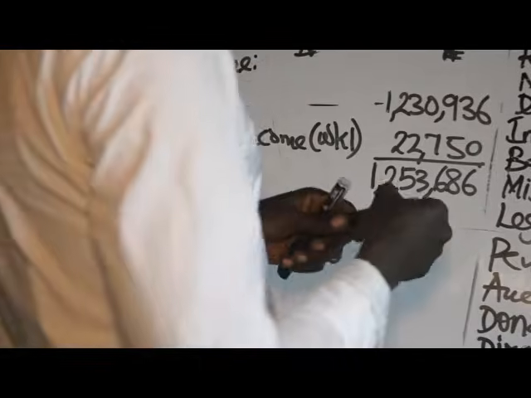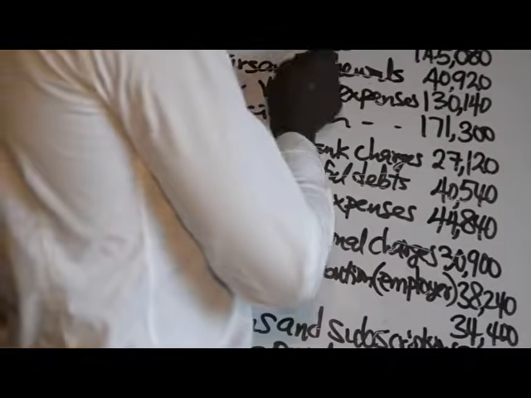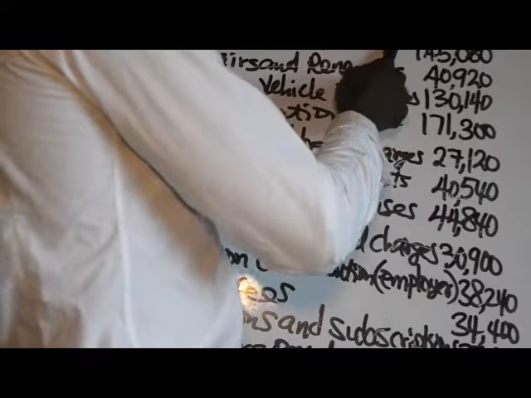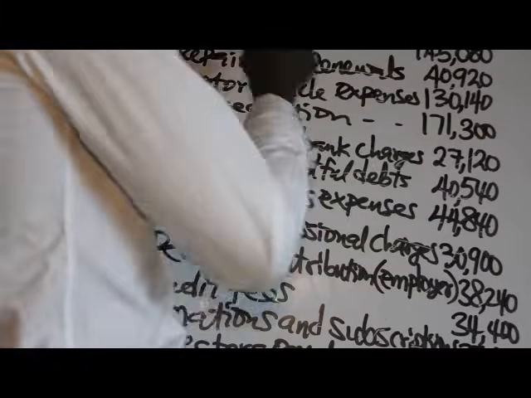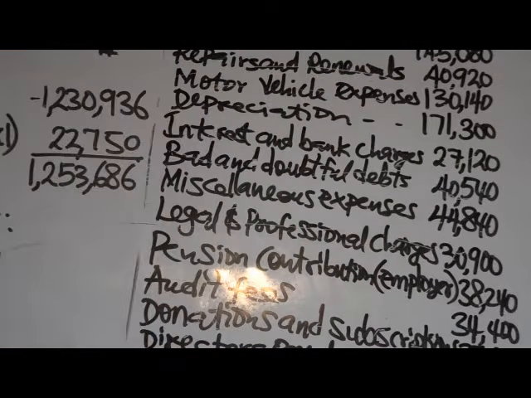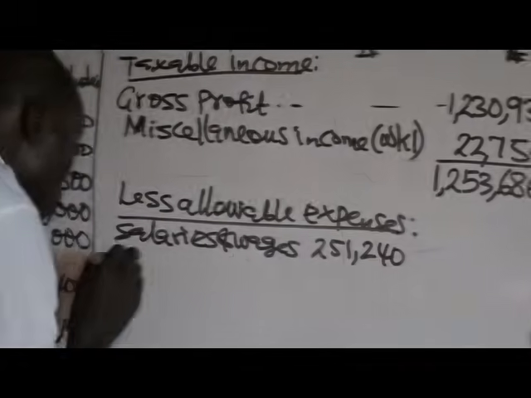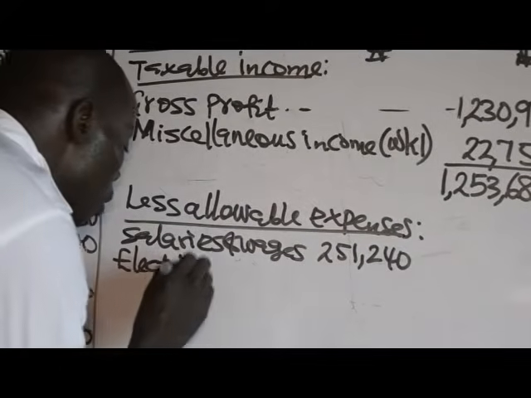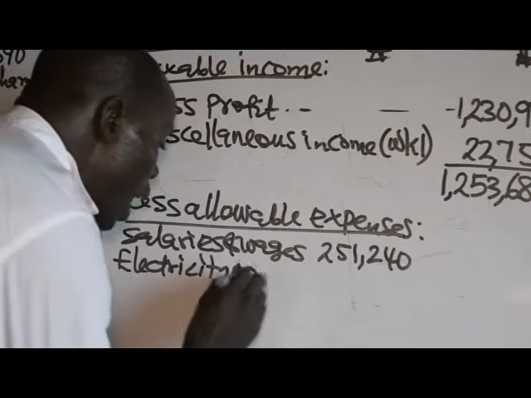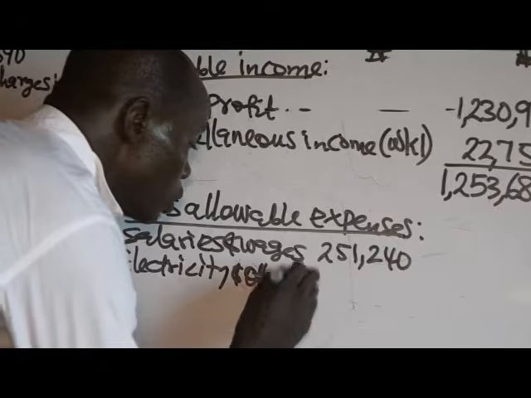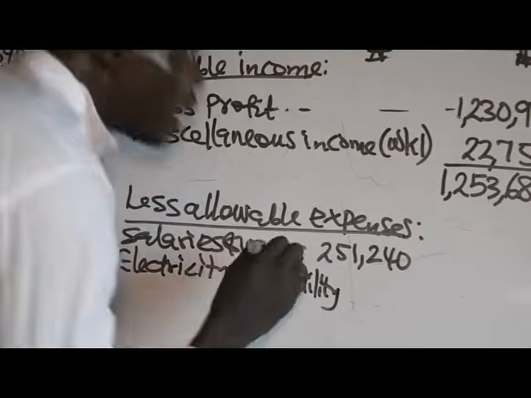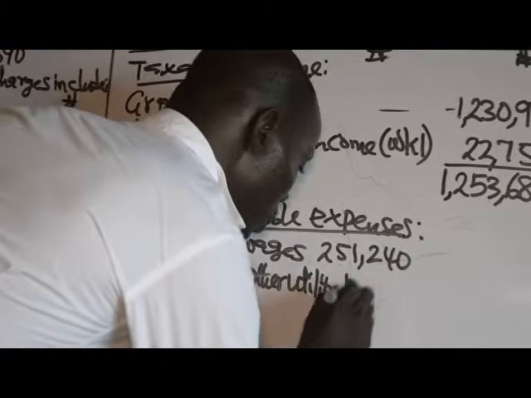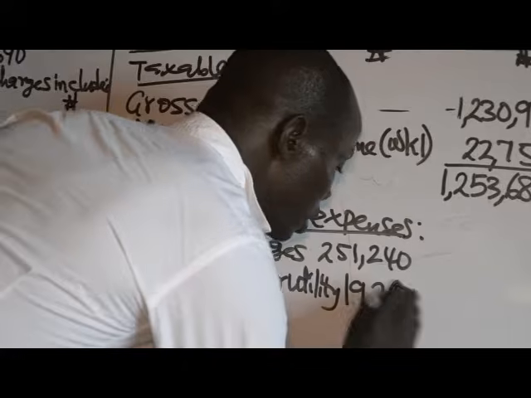Then we also have electricity and other utilities of 19,260. There is no note on that, no additional information. Electricity and other utility, 19,260 is allowable.